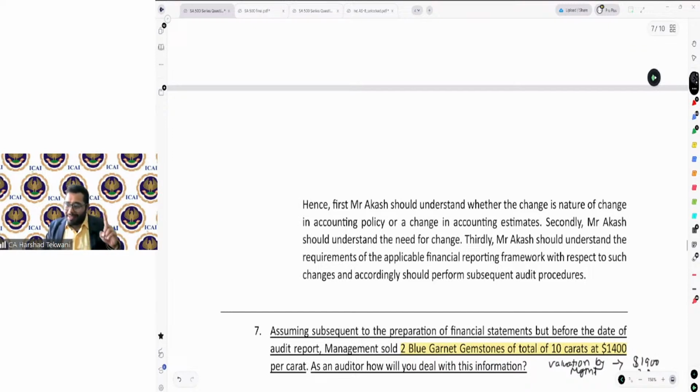This sale is after preparation of the financial statements. So while preparing the financial statements, management took 1900 per carat as the valuation. But after preparation of the financial statements, management was able to sell two blue garnet gemstones of 10 carats at 1400 per carat. How will you deal with this situation?